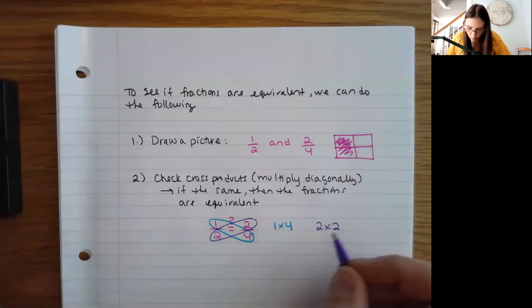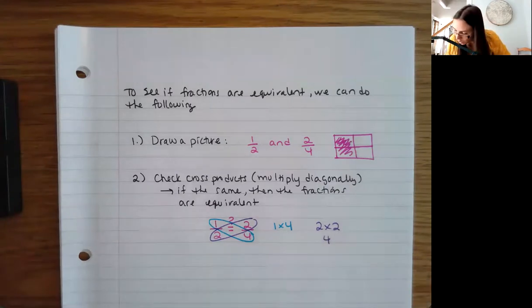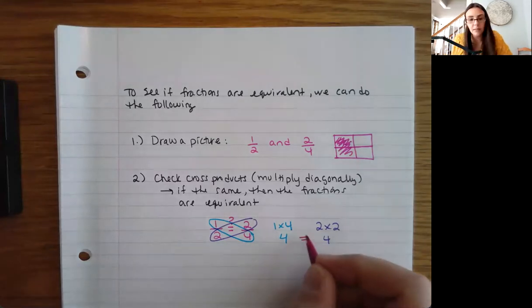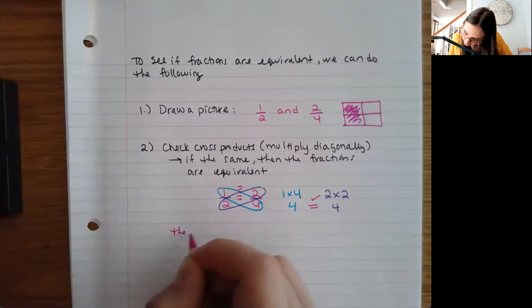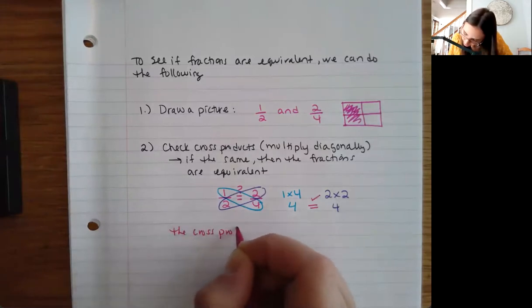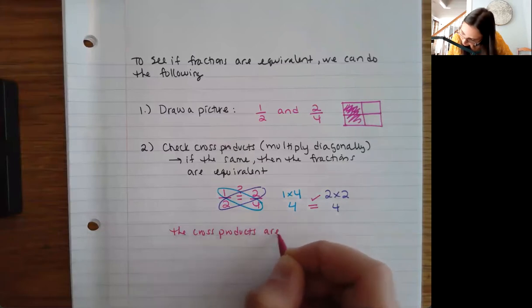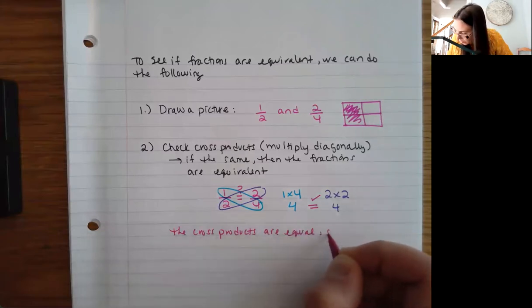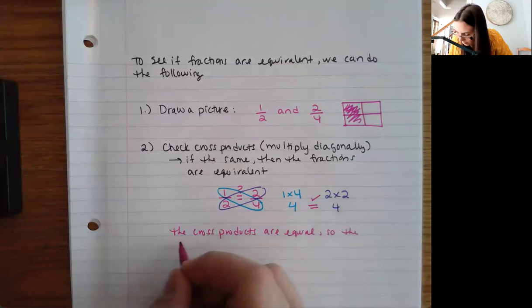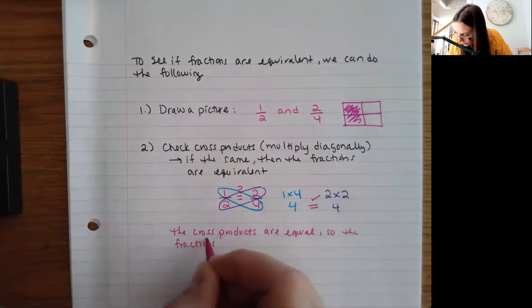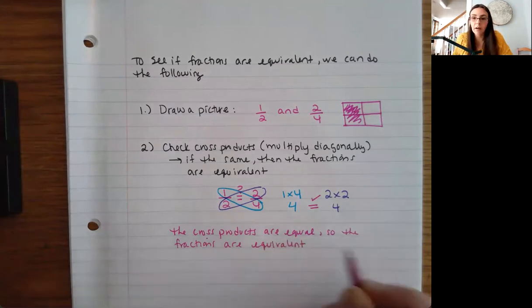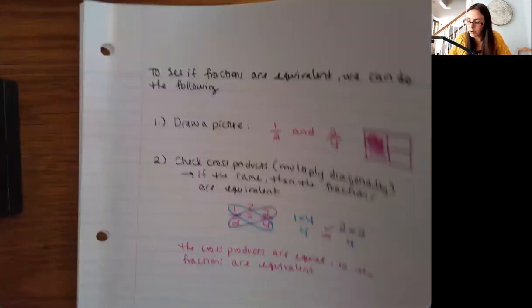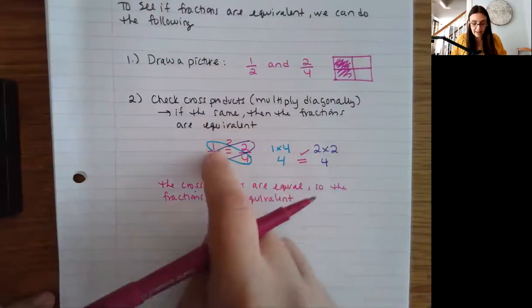So 2 times 2 is 4. 1 times 4 is also 4. Obviously, these are equal. Yes. So here, the cross products are equal. So the fractions are also equal. They are equivalent. Okay, so that's another way. So your cross products are just multiplying diagonally.